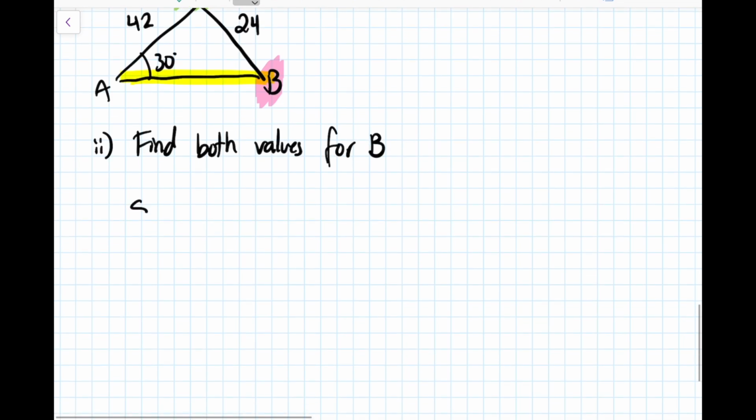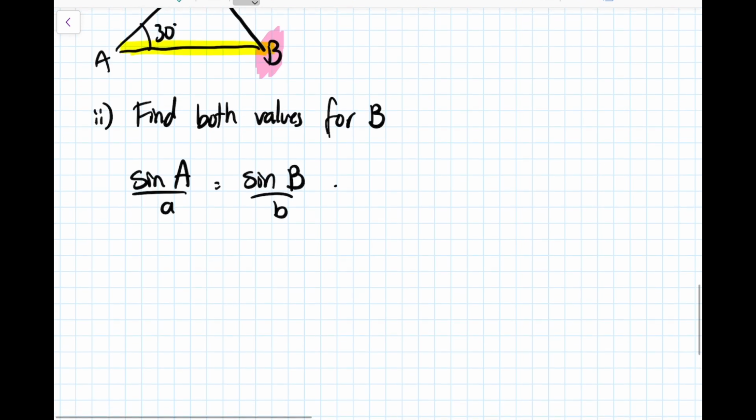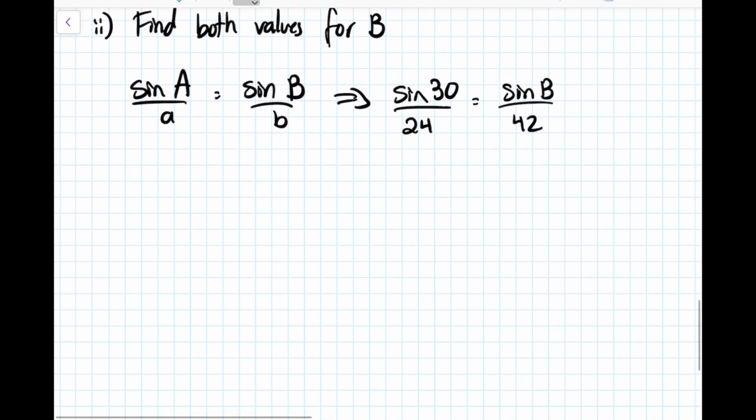So we've got our sine law. Sine of A over A equals sine of B over B. We plug in everything we can. So we know angle A is 30, side A is 24, angle B is what we want, and side B is 42. We do some cross multiplying or isolating, we move things around.